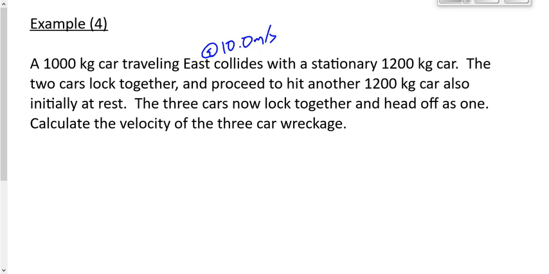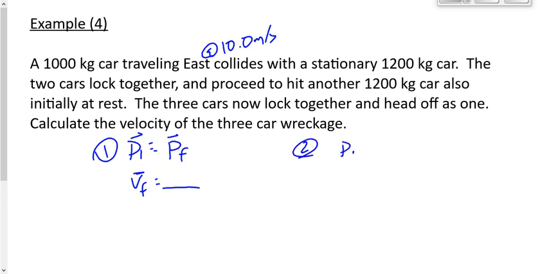So you could say, don't write this down, PI equals PF for the first collision and solve for VF. And then you could say PI equals PF for the second collision, but VF for the first collision would become VI for the second collision. Does that make sense? You could do that, absolutely.